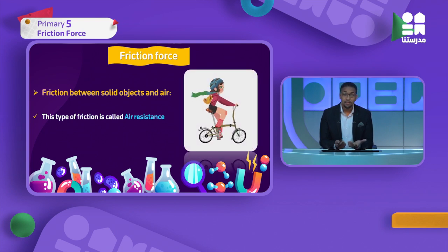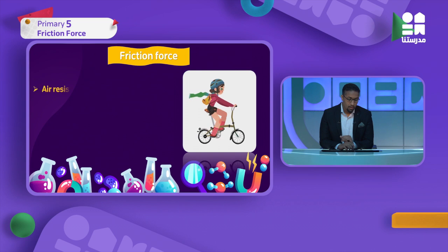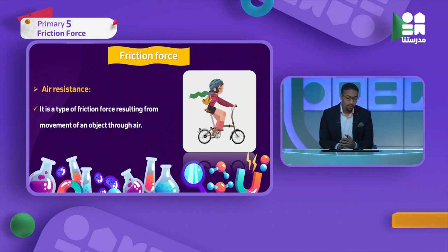And we feel air resistance when we ride a bicycle, and this friction force is called air resistance. What else do we know about air resistance?